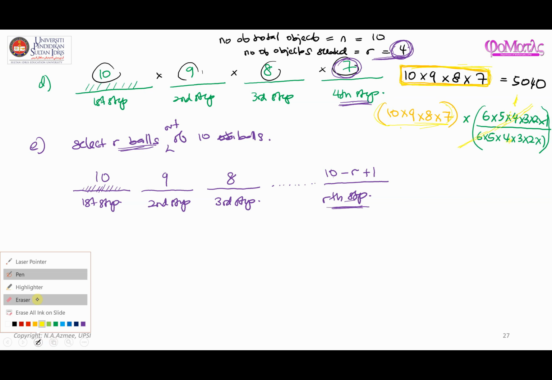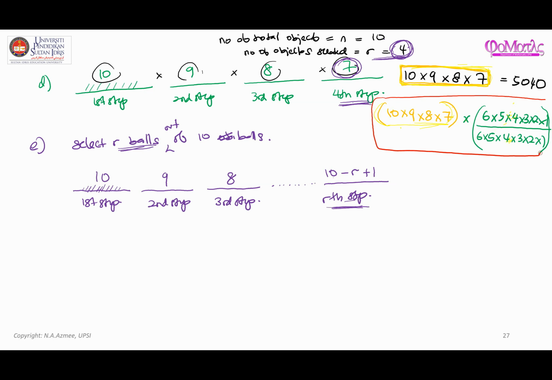Okay, so I introduce that. Now I hope that you can see, if the process here is, then you can write down the whole thing here as 10 times 9, 8, 7, and then multiply with this term here, so 6, 5, 4, 3, 2, 1.